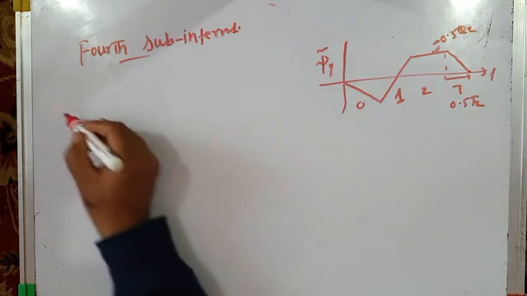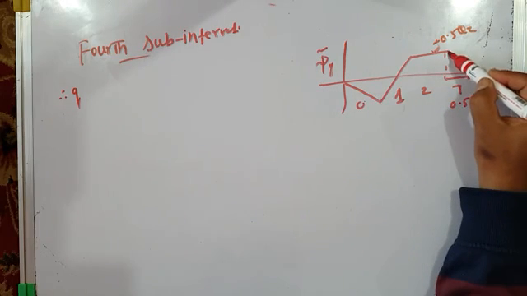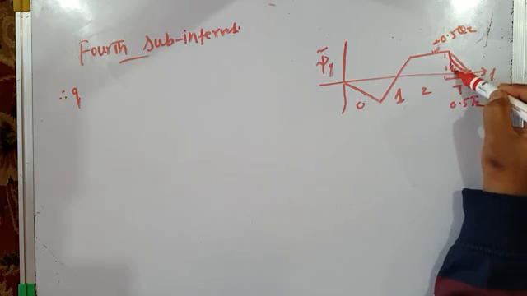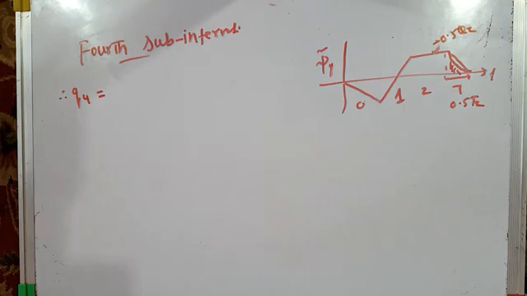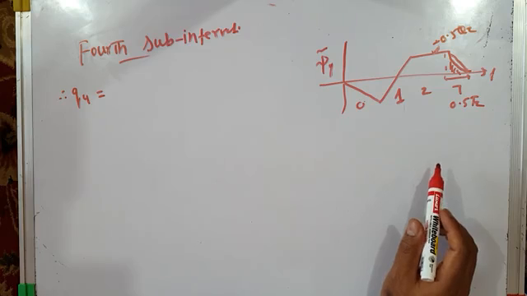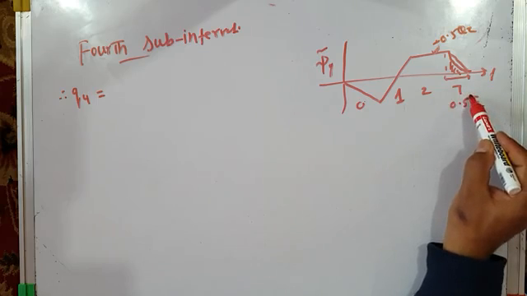So when you find the square of this, it will give you a parabola. And what is the area under this parabola? Let's call that area Q4. That is equal to x2 minus x1 by 3. x2 minus x1 is basically the time interval for which this null vector is applied.